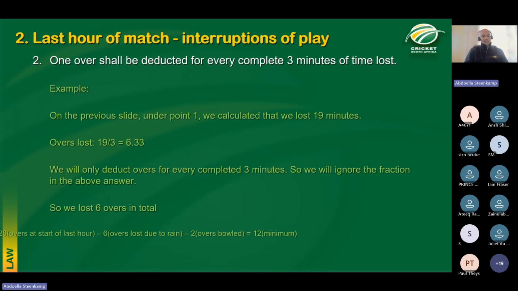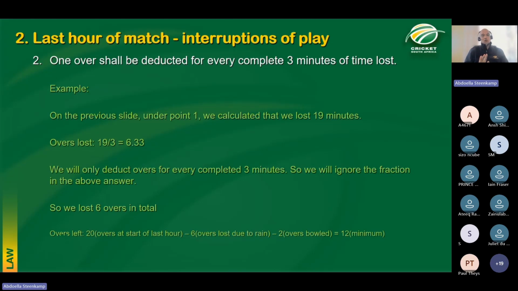So the formula is overs at the start of the last hour, which was 20, less the overs that I lost due to rain, which is 6 overs in this example, less the 2 overs that were bowled. And when play restarts at 16:25, we will tell both captains that there is a minimum of 12 overs left in the last hour.